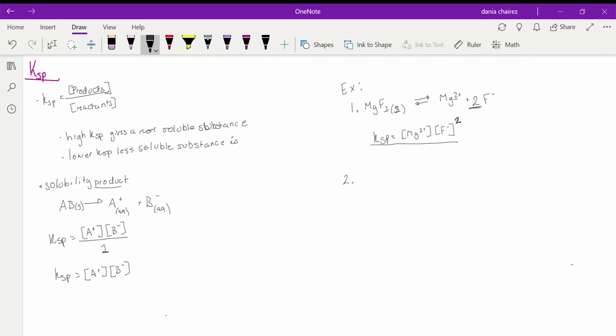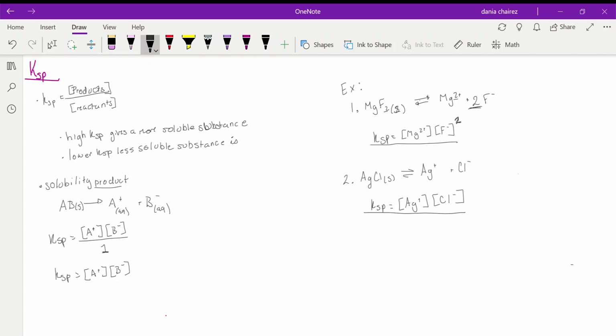So then let's take silver chloride. This is also a solid. That breaks apart into my silver ion and my chloride ion, so that my KSP is equal to the concentration of silver ions times my chloride ion.